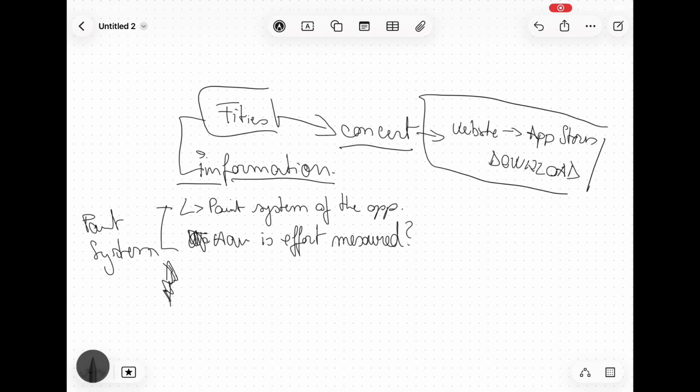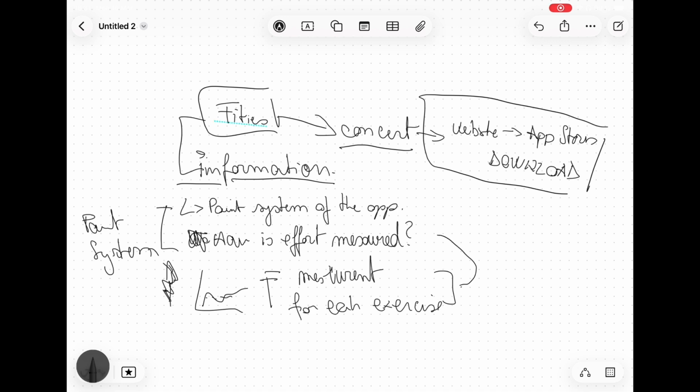The other thing that my crowd might be very interested in understanding more about is the graphs that they're going to encounter. Are we going to have a different measurement for each exercise? And how is that going to translate and work with the point system that I just mentioned?